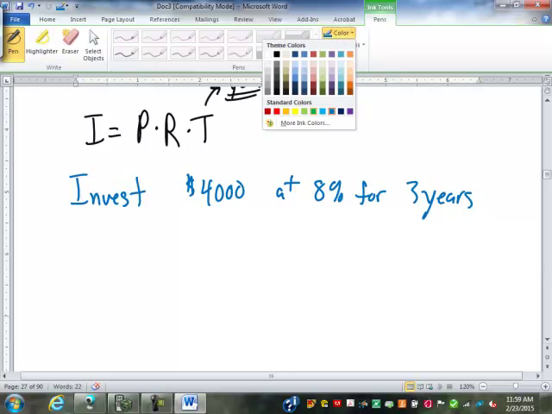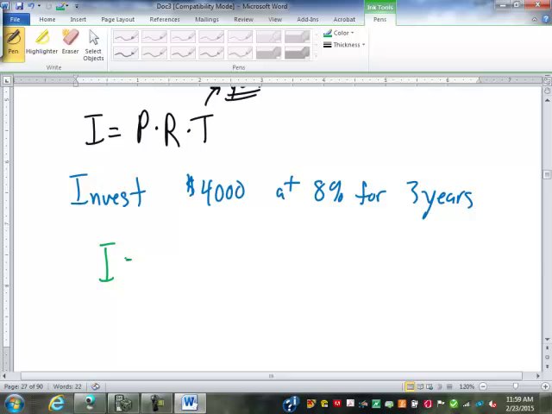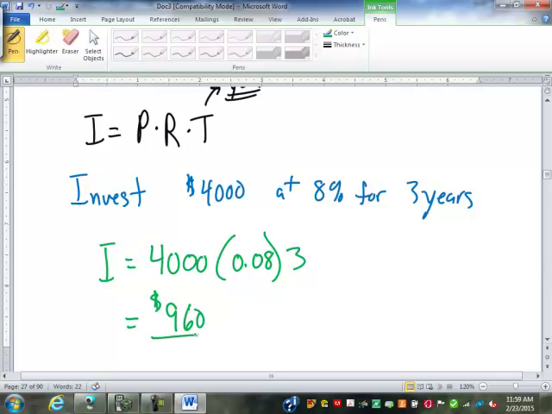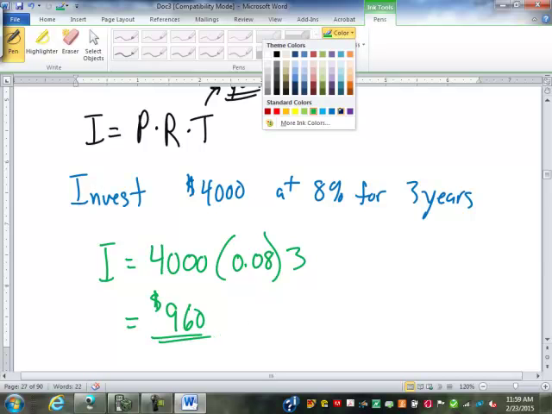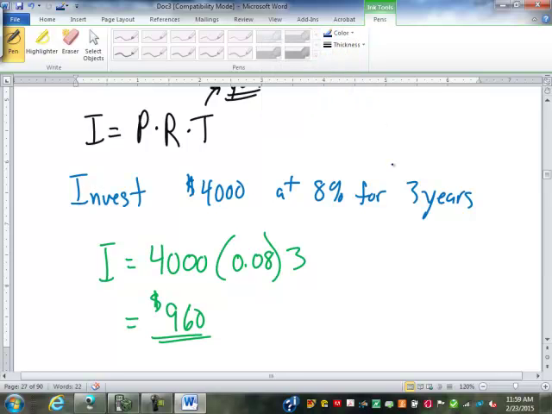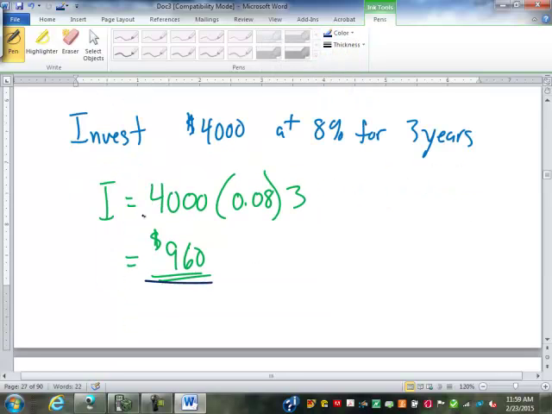So using simple interest, the amount of interest, I, will be the principal of 4,000 times the rate, 8% is 0.08, times the time in years, 3 years, which ends up being $960. Which means that at the end of the 3 years, I'd have the 4,000 plus the 960 for a total of $4,960.